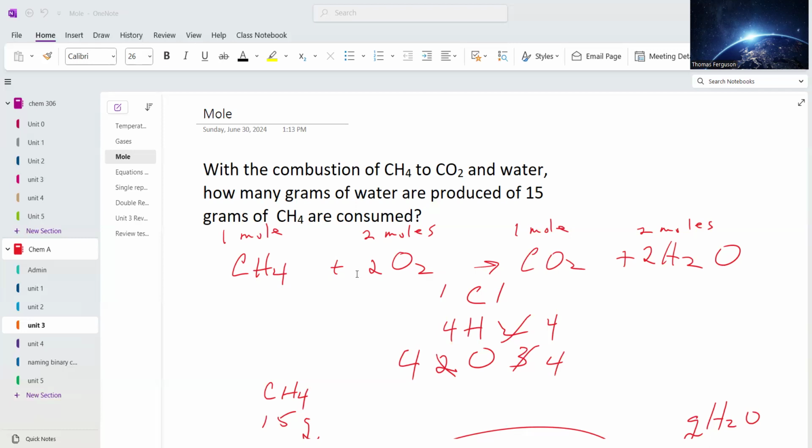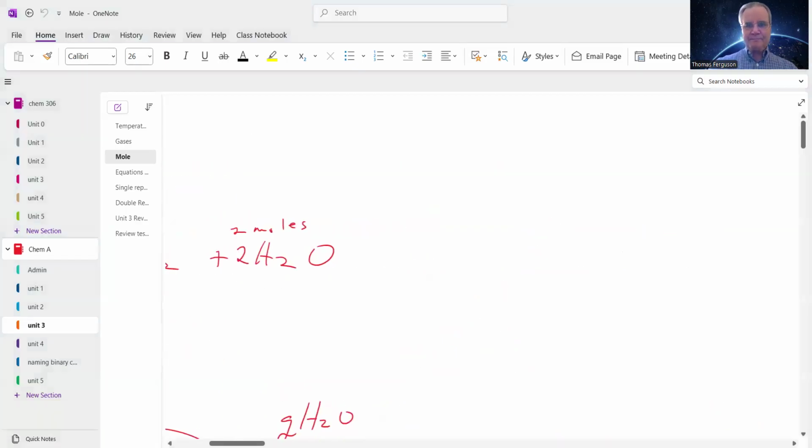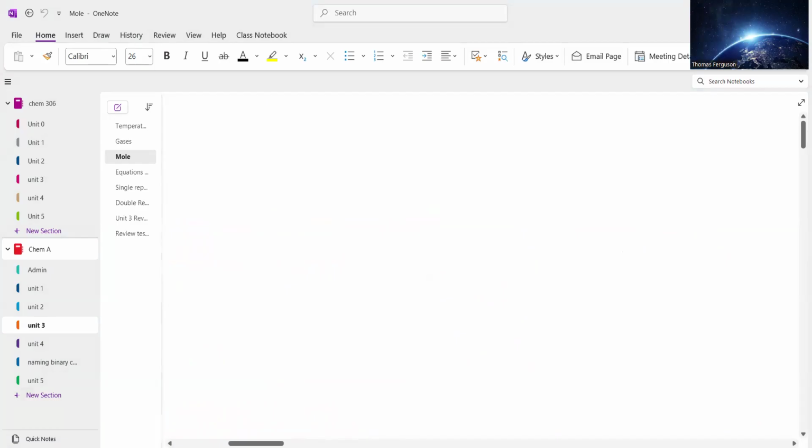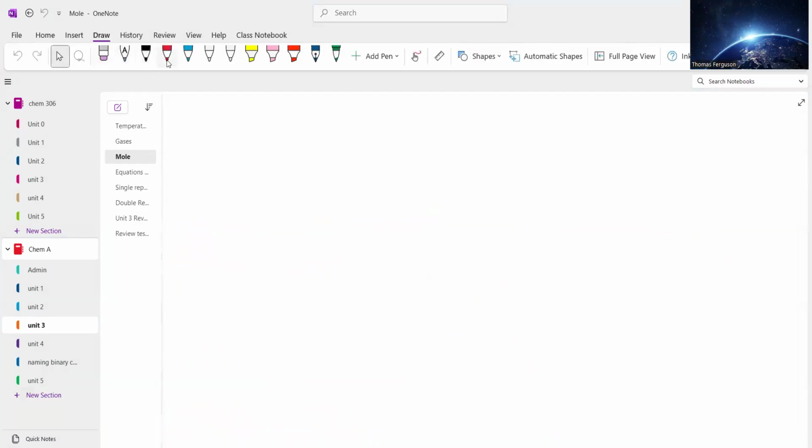Okay, so as a quick review from last time, we talked about the periodic table. And all periodic tables have a series of boxes, and those have a number of numbers in.